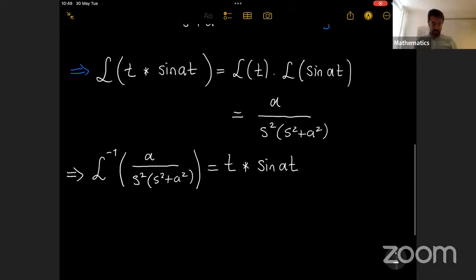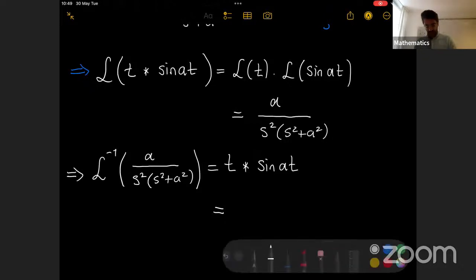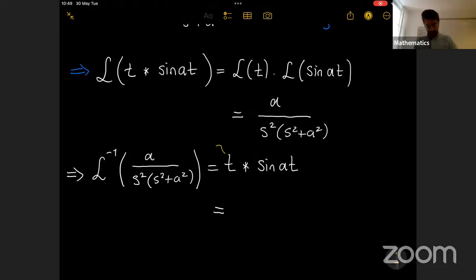And the nice thing here is we know how to compute the convolution. The convolution is by the definition. In the convolution, this is like f, and this is like g. So the convolution formula is the following.